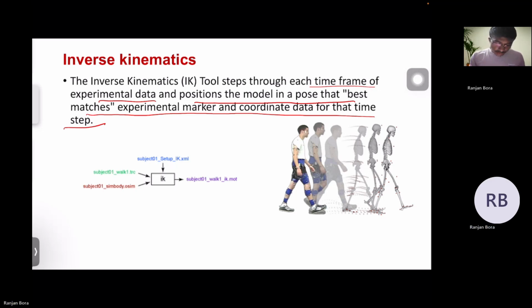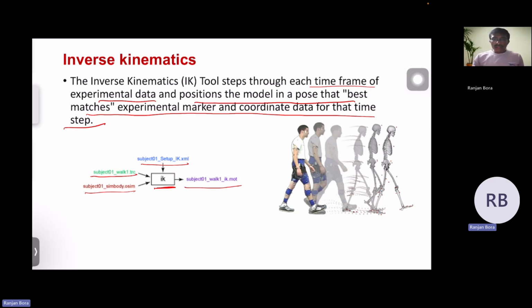So this is the inverse kinematics tool which we can use in the OpenSim software, and the inputs for this inverse kinematics are this subject 01 WAC1.trc, which is the measured data from the gait laboratory. And this is the OSIM, meaning the OpenSim model, the musculoskeletal model. And this one input file is an XML file in which we input different setting parameters for performing this inverse kinematics. And the output is this MOT file, from which we get the joint kinematic parameters, which are the joint angles.